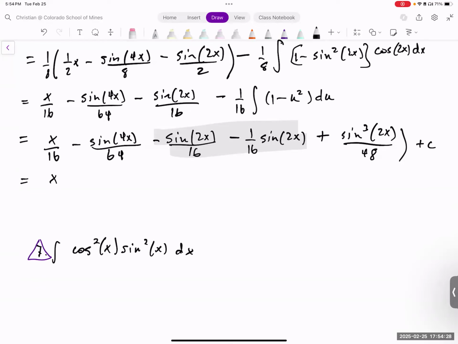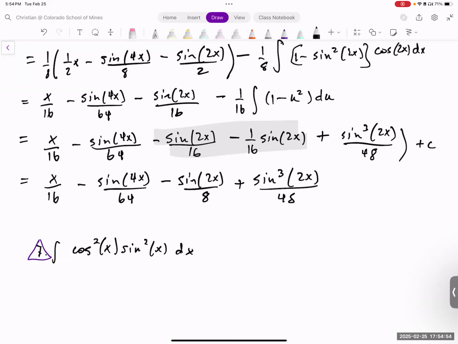So I think we're looking at x over 16 minus sine 4x over 64 minus sine 2x over, no, minus an eighth now, because they're 2/16. So 1/8, plus sine cubed 2x over 48 plus constant.